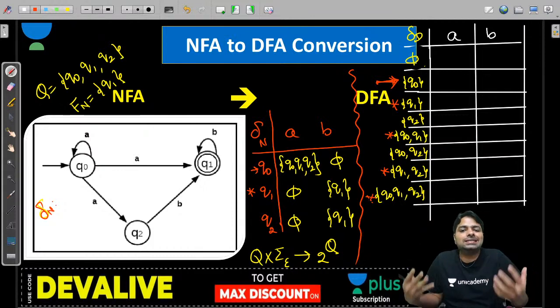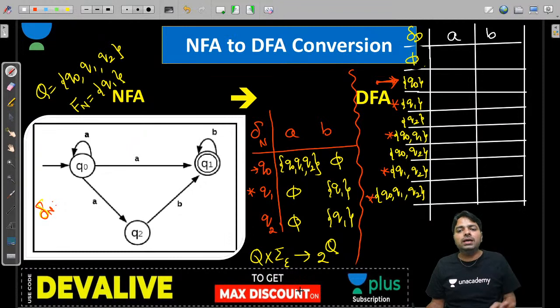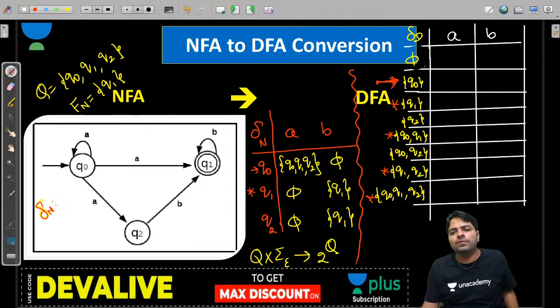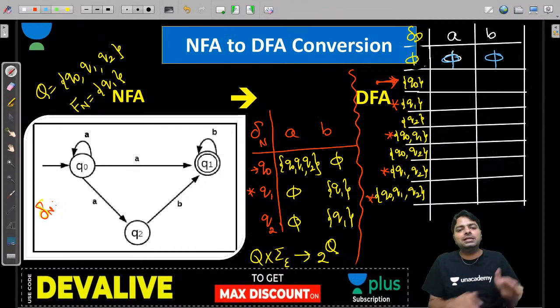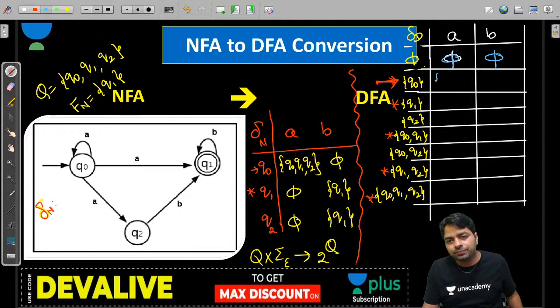And now what is the transition? I just told you the definition of delta D. It is going to just combine. Suppose the empty set is there. In the empty set there is no state, so we will write phi only. No need to look at your machine. Now Q0 means copy the Q0 row of the NFA as it is. So you will get Q0, Q1, Q2, because I am copying the row as it is, and phi.